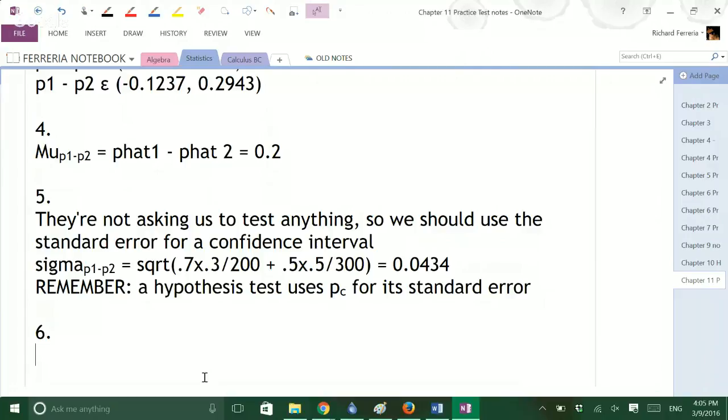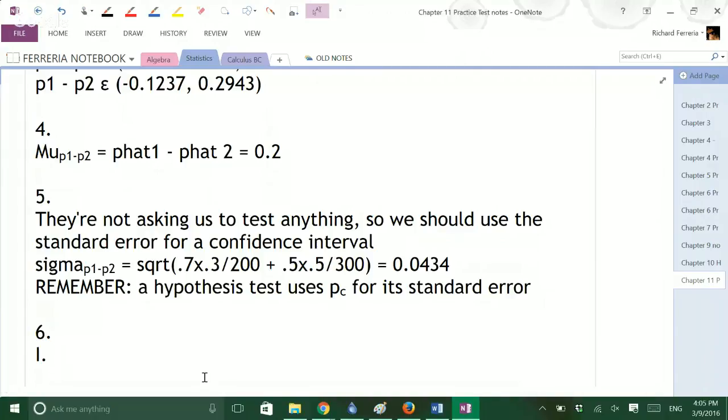Okay, so let's. Oh, sorry. If the problem already says that all the conditions have been met, should we still write out 1, 2, 3? No, you don't need to, but I think it gives you a nice framework. The only thing that you can really skip is 3. 1 is really nice because it tells you the center of that sampling distribution.